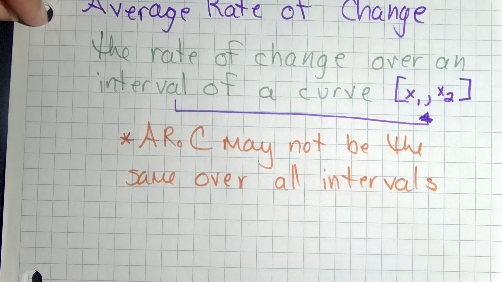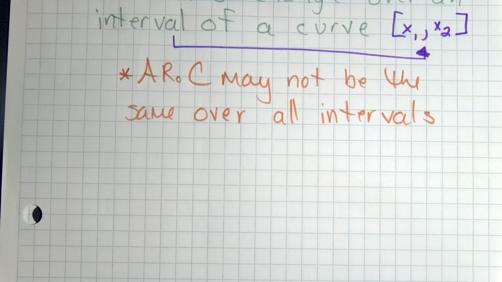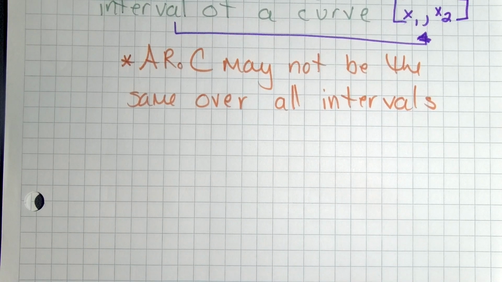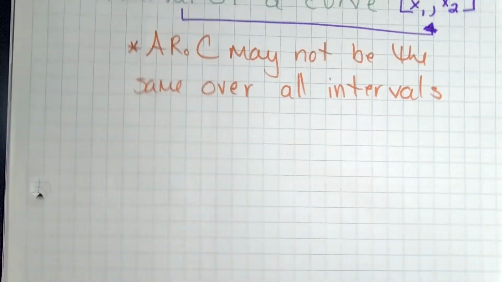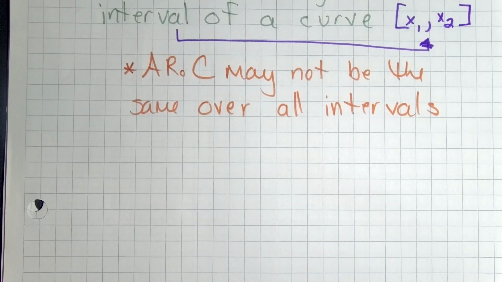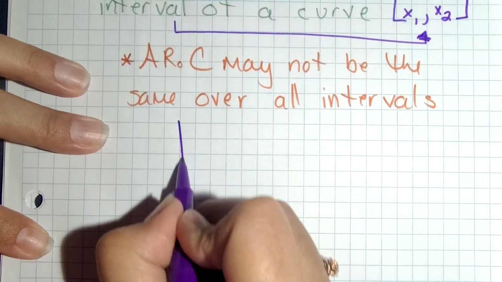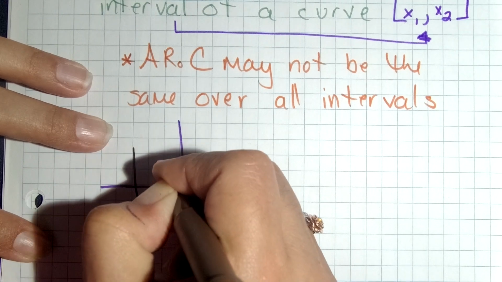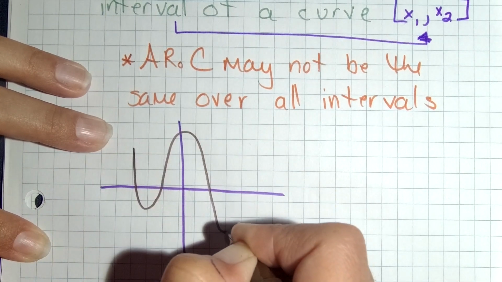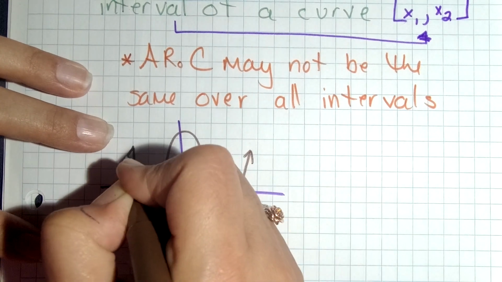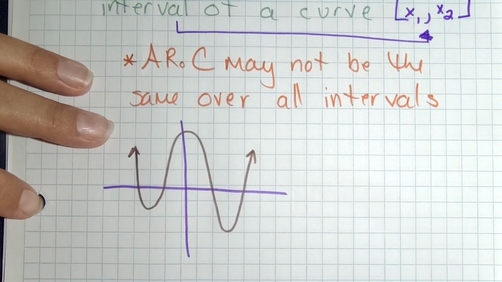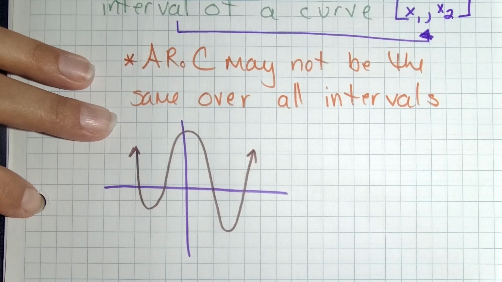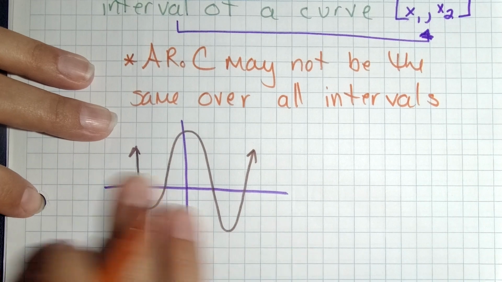Can I move up? So let's say I have this function. This is not a straight line.